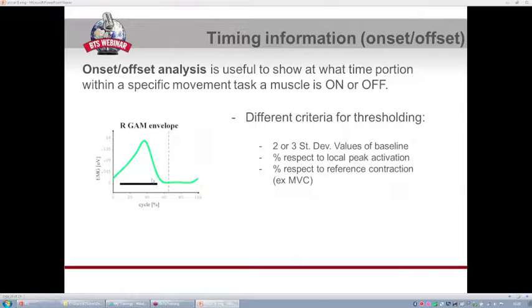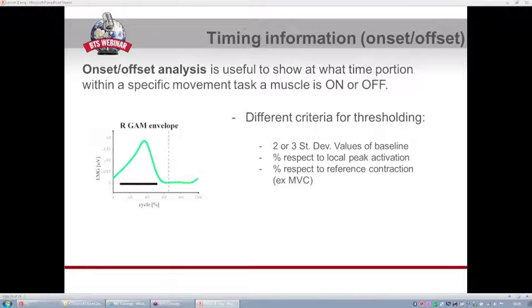The most popular approach to compute the threshold that has to be used is to compute the standard deviation range of the EMG baseline before a certain activity, or, for example, consider the average activity during the resting.